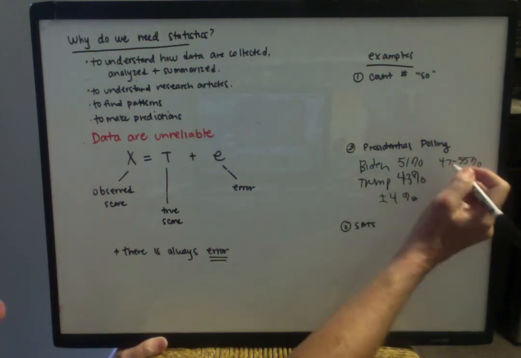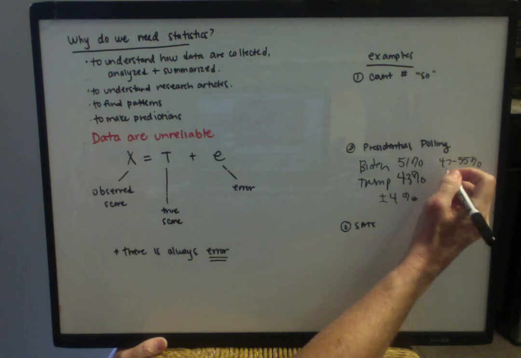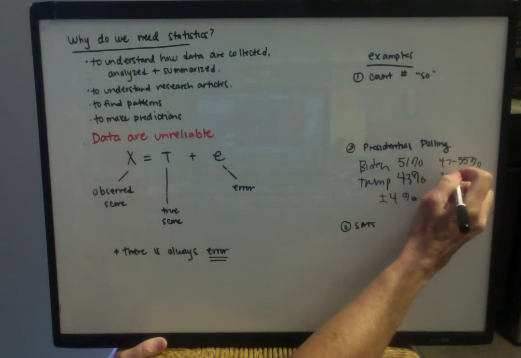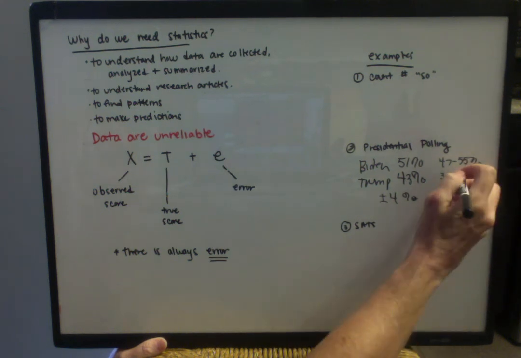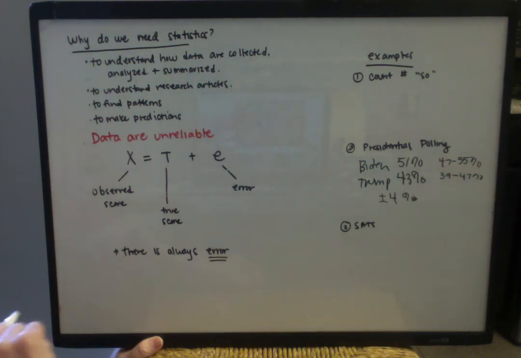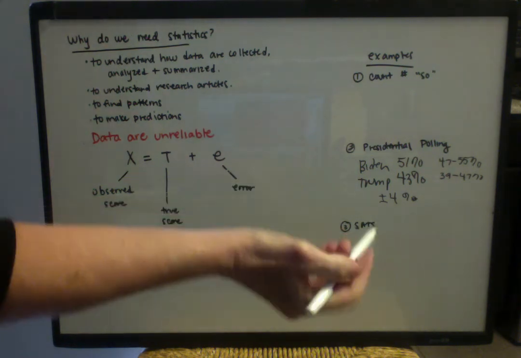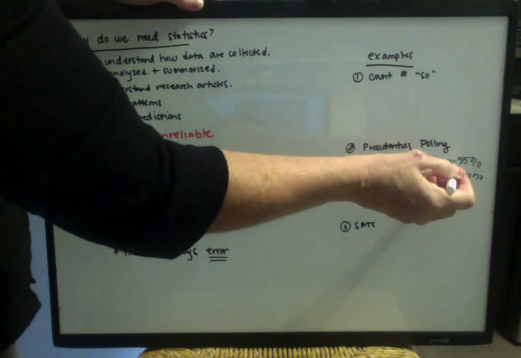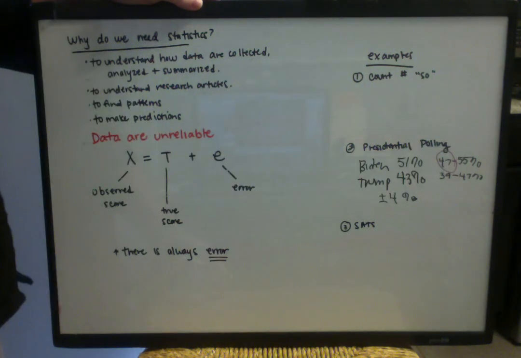Doing the same thing with Trump, if we subtract 4%, we have 39. And if we add 4%, we have 47. So if the poll for Biden is 4 points too high, then today Biden has a 47% chance of winning.